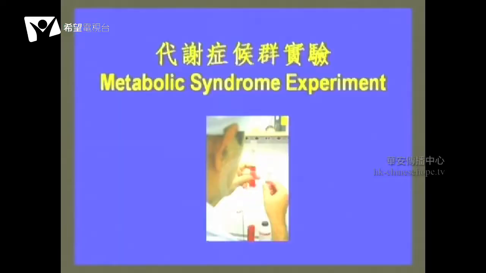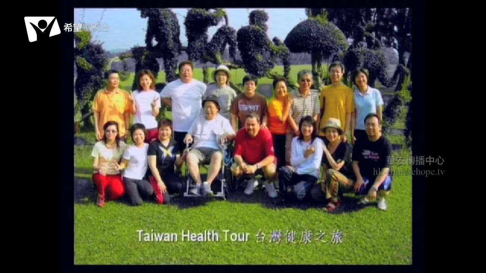We took a group of people from Hong Kong to Taiwan for 1 week in a resort.